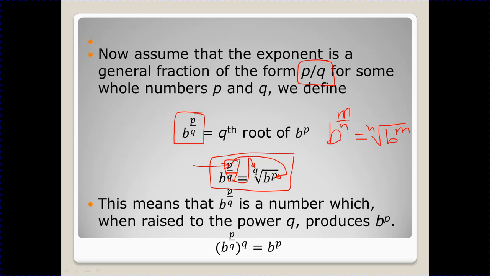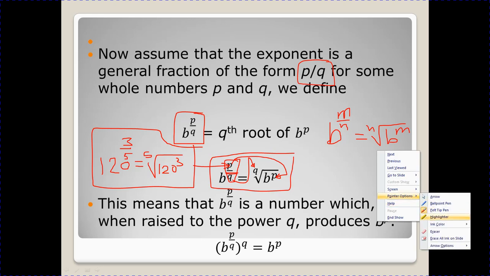So what is down will be outside the radical sign, and the number which is up will be inside the radical sign as the power. Suppose, for example, I have 120 to the power 3 over 5. It can be written as the fifth root, fifth because 5 is down, of 120 to the power 3. This is how we can apply this definition.